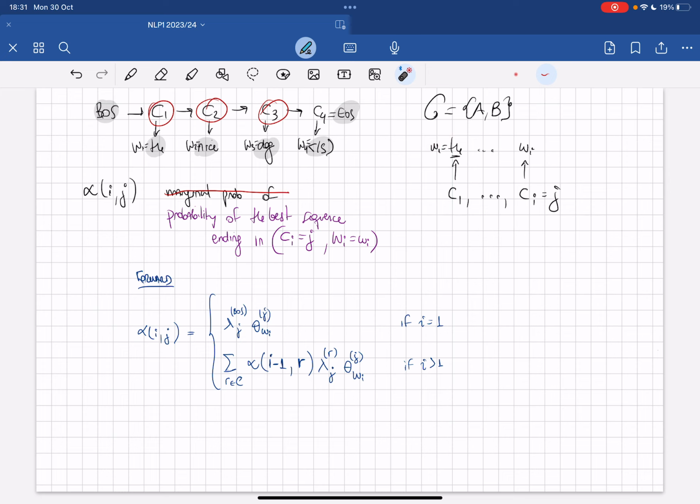So the setting is still very similar, with the difference that now instead of marginalizing out the assignments, we are choosing an assignment that corresponds to the best possible assignment measured in probability mass.